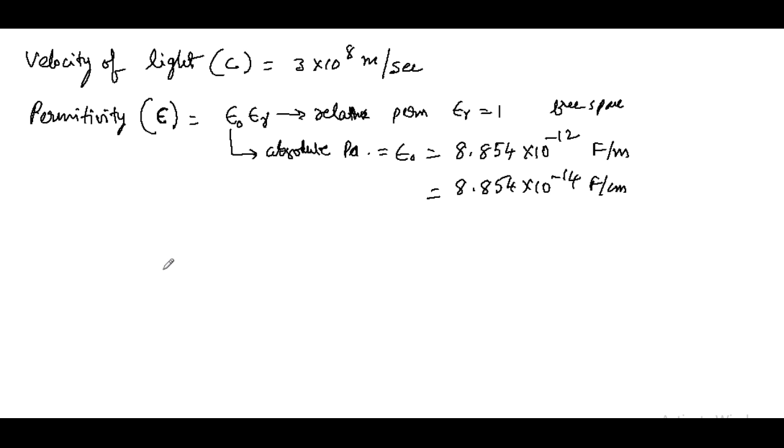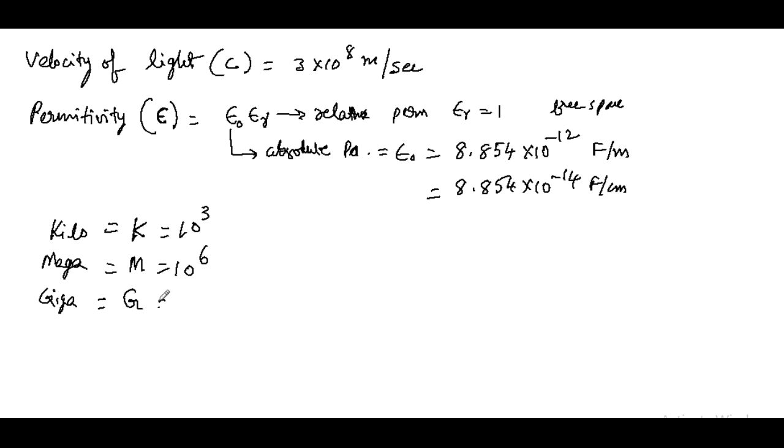And in this subject we again have to use some other decimal representations. One is kilo, denoted as capital K. This value is 10 to the power of 3. Another is mega, capital M, which is 10 to the power of 6. Another is giga, denoted as capital G, and this value is 10 to the power of 9.